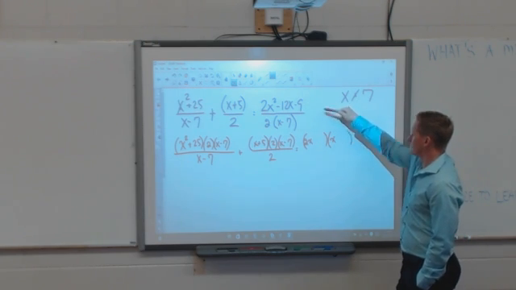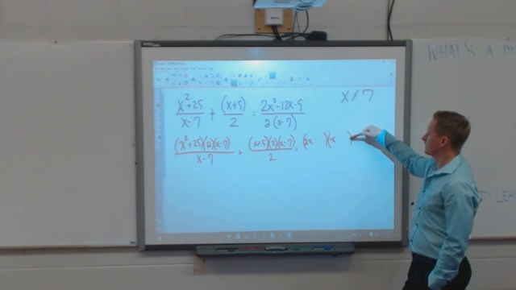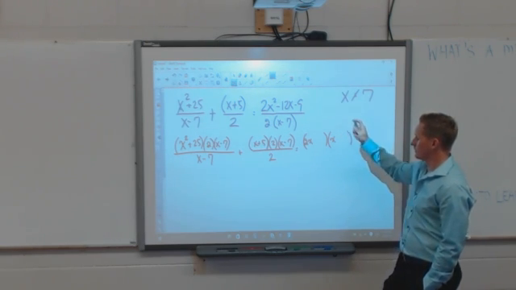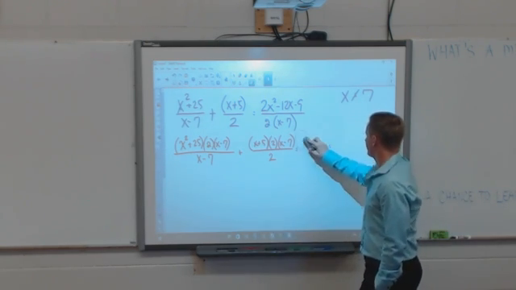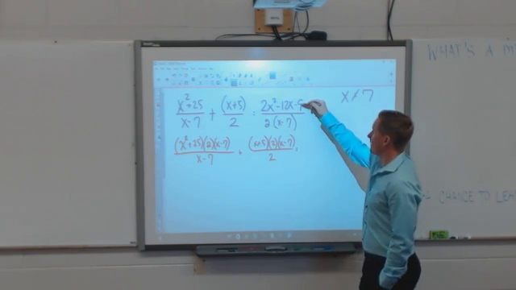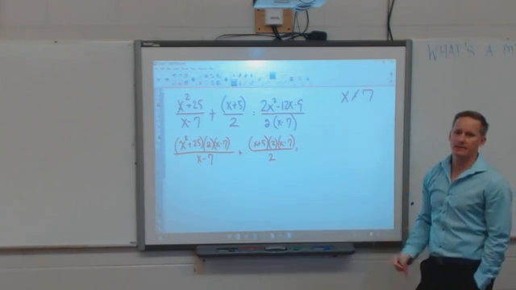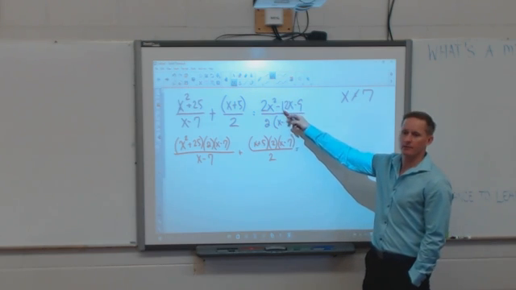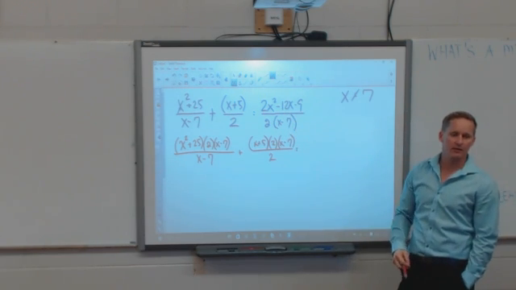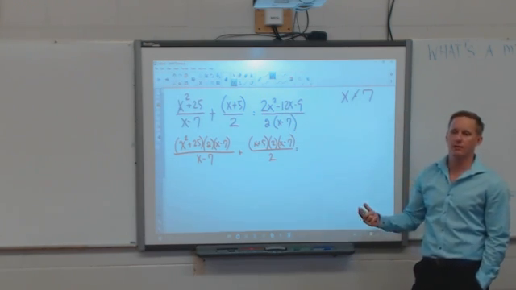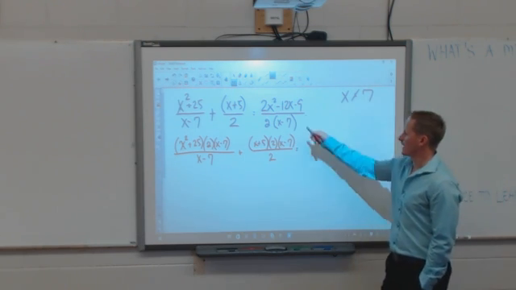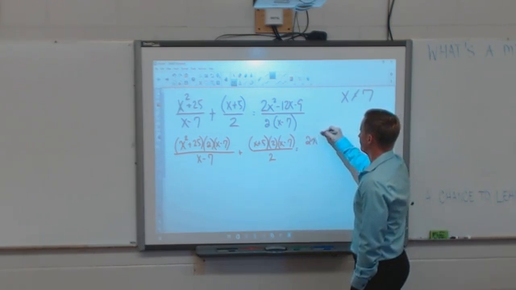I'm going to think this through. If that's 3 here, that's 6. I don't think I can factor it. I don't believe it's factorable, actually, because I would need the factors of negative 18 that add to give me negative 12, and there are no factors of negative 18 that give you negative 12. 6 and 3 and 9 and 2 are the only factors. I can't get 12 out of it, so I'm going to leave it as this.